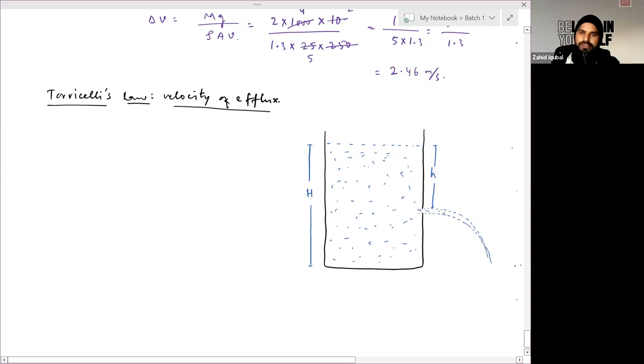That velocity of ejection through this hole is called efflux, which we have to calculate. So this is VE, and the height of this point from the bottom will be H minus h.